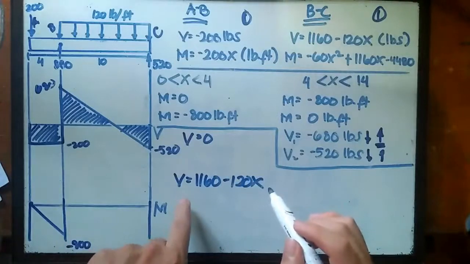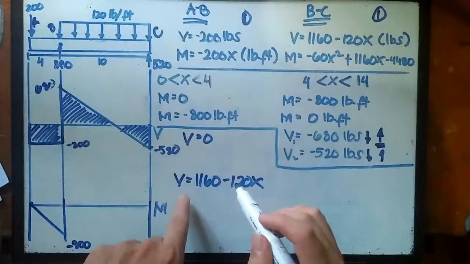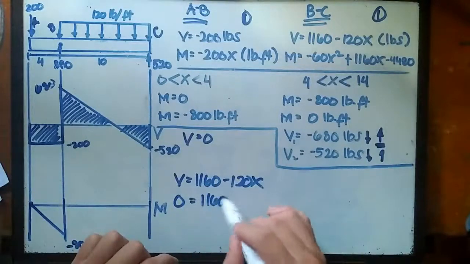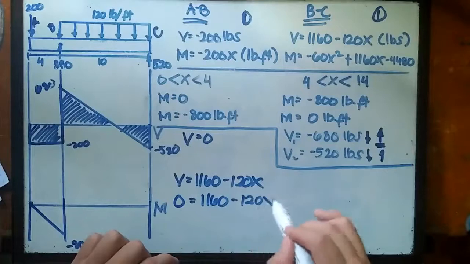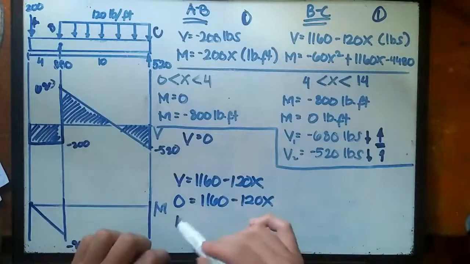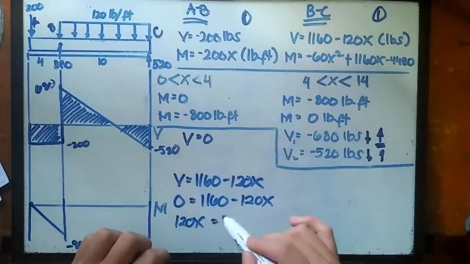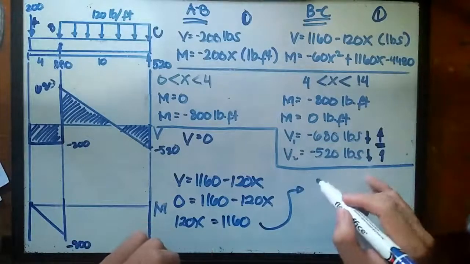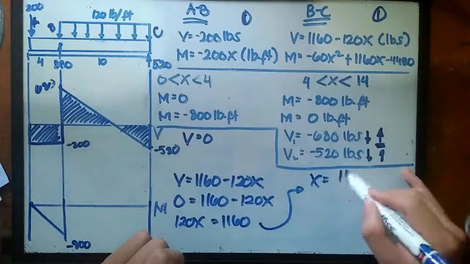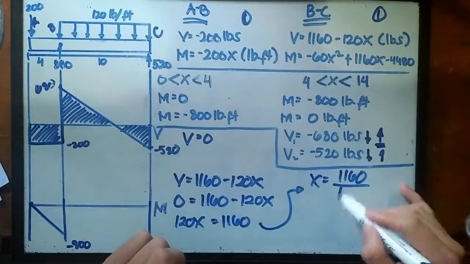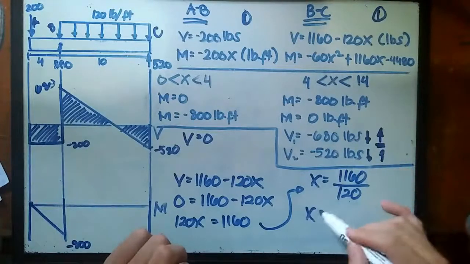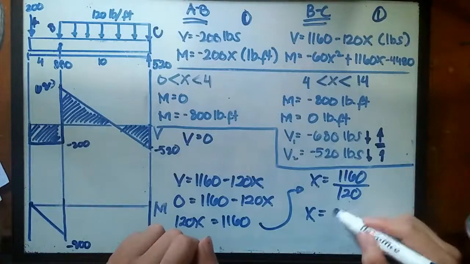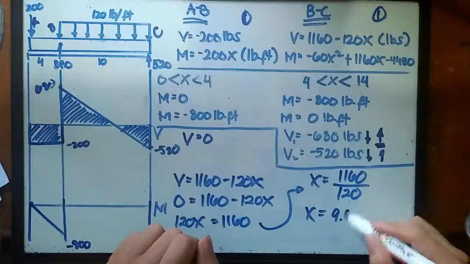So we equate everything to 0 so that we can solve for x. So 0 is equal to 1160 minus 120x, transpose 120x equals 1160, and then dividing both sides by 120. So 1160 divided by 120. So x should be approximately 9.667 feet.